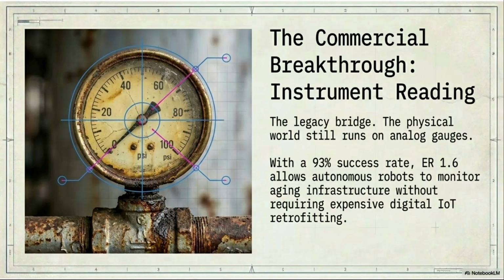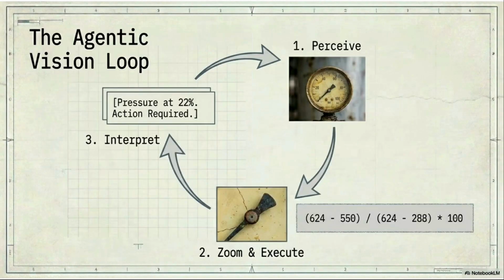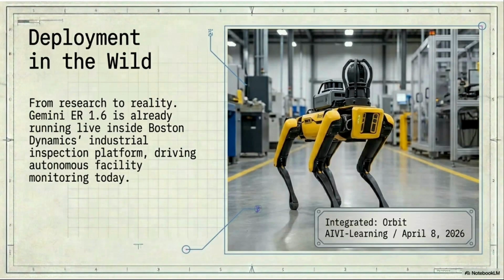As I said before, this is the agentic vision loop. By seeing it, you can understand how the loop works. This slide is a simple explanation. Deploying in the wild, you can see the recent Boston Dynamics videos.